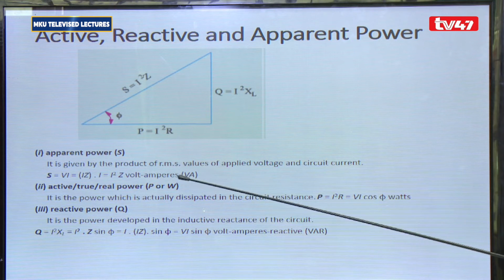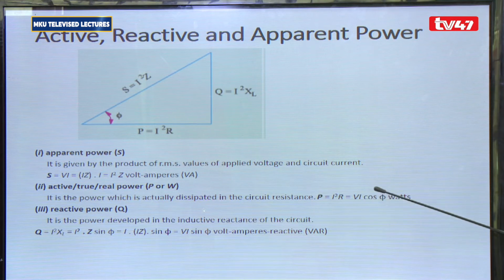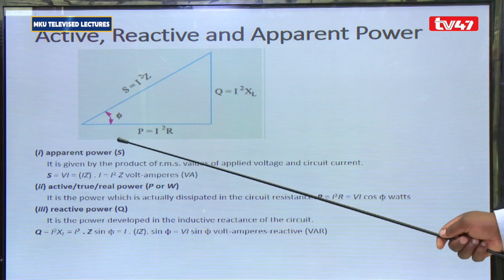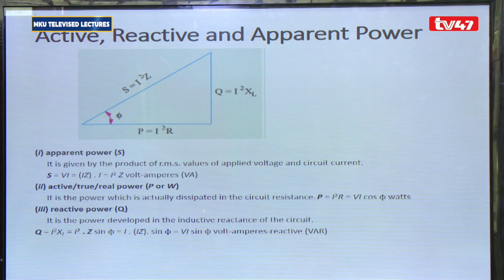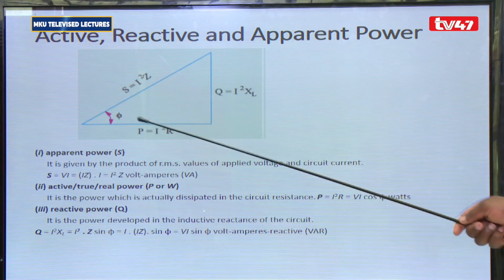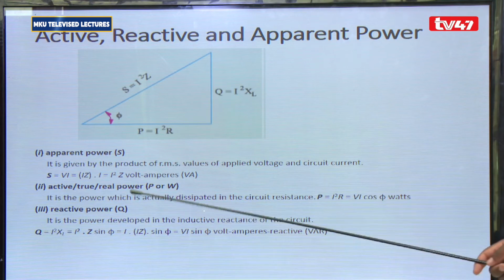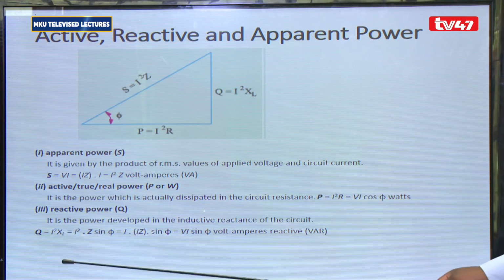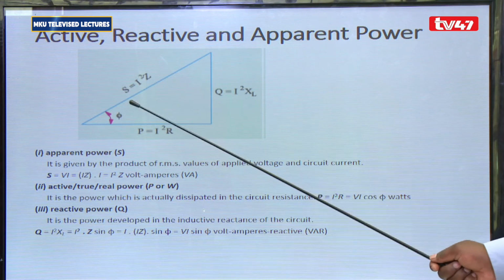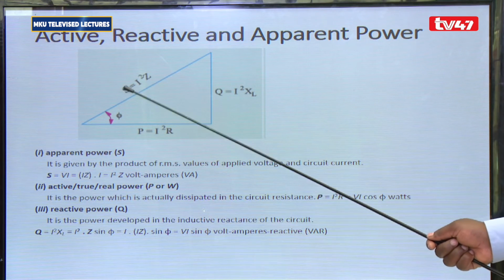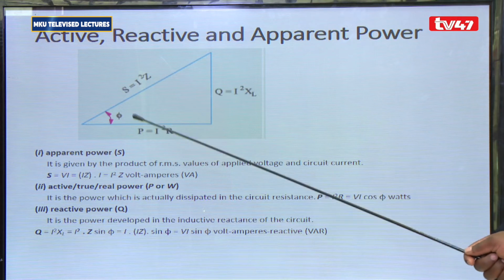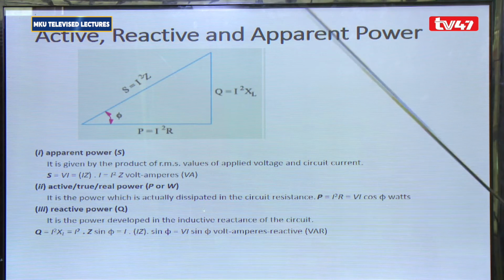The unit of real power is watts. The unit of apparent power is volt amperes. Of course, because they form a right angle triangle, from Pythagoras theorem you can get the value of S, which is given by S squared equals P squared plus Q squared, square root.